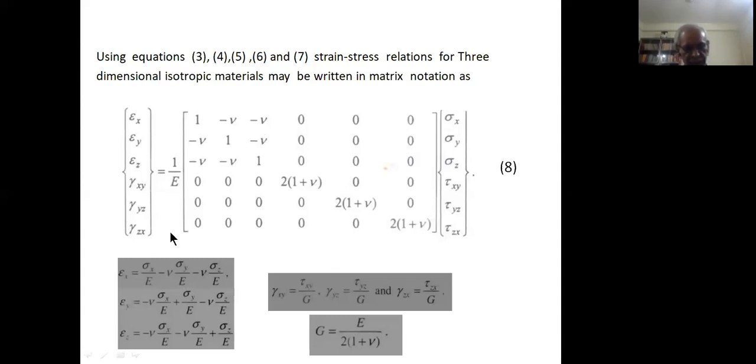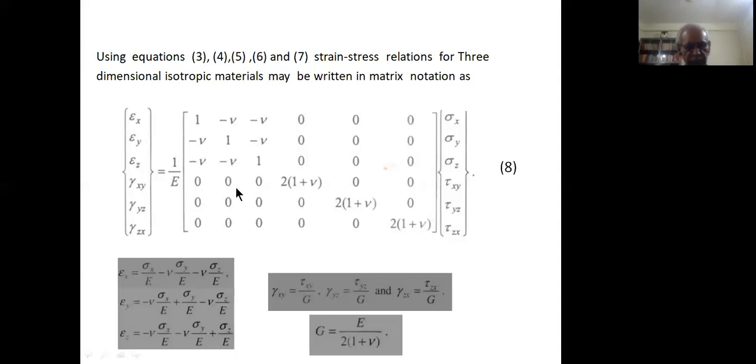Epsilon x: the first term is sigma x, so 1, then minus nu, because E is taken out and sigma y is there. Sigma y's effect is negative and sigma z's effect is also negative. So 1, minus nu, minus nu. No shear effect, so these are 0.